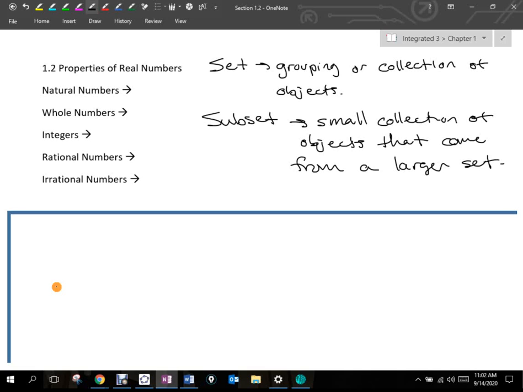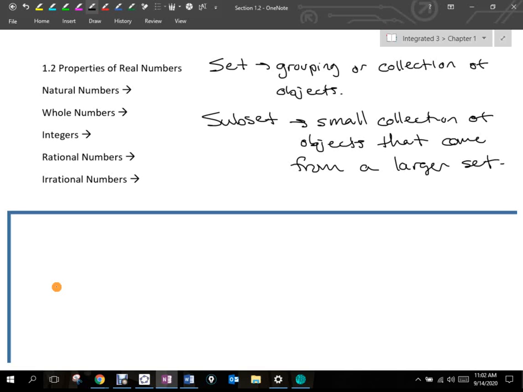And we can pair up, triple up, quadruple up, however many we want to, and say that this smaller group of people is a subset of the larger group of the class. If I look at the school population and call the school population a set, then freshmen are a subset.